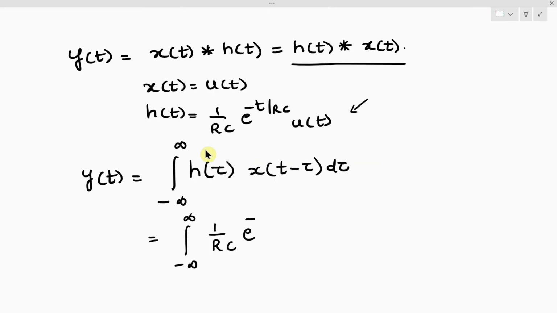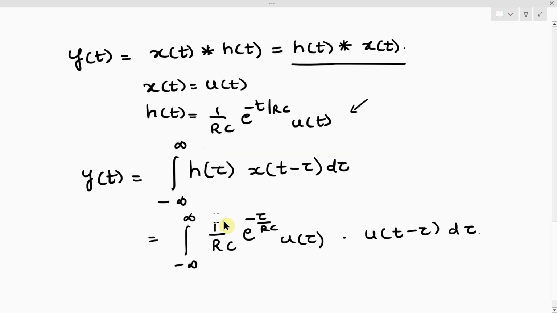You just have to represent that as h as a function of tau. That means simply replace wherever you have t with tau. So minus tau by RC into u of tau multiplied with x of t, which is u of t. Now what should I write for x of t minus tau? u of t minus tau, d tau.